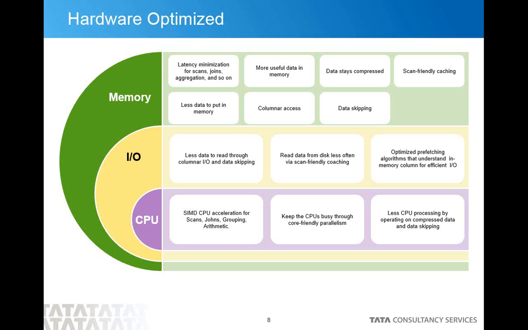So in this diagram you can see what are all the optimizations that led to the effective utilization of memory, or of I/O, or of CPU. Now moving on to the next slide.